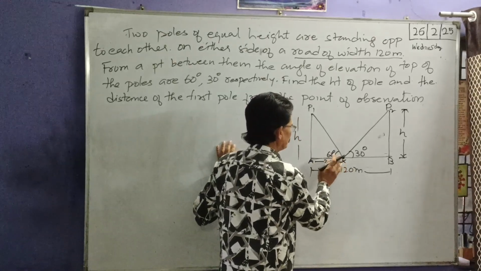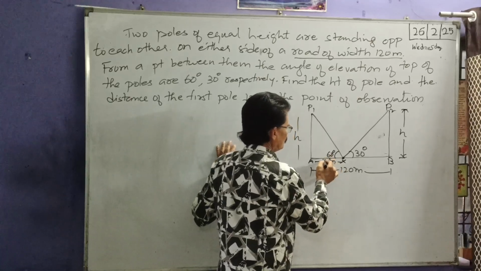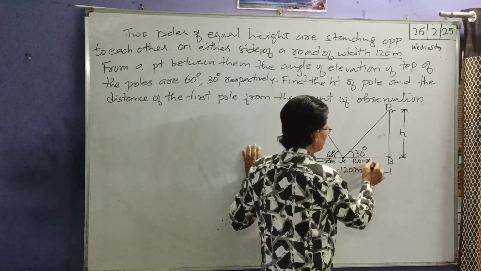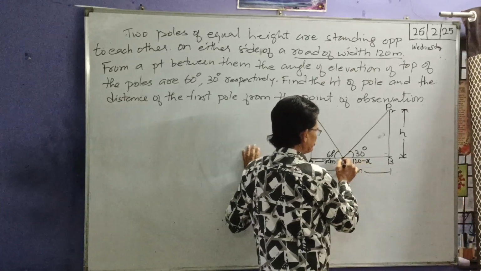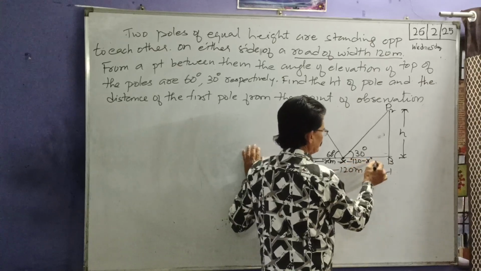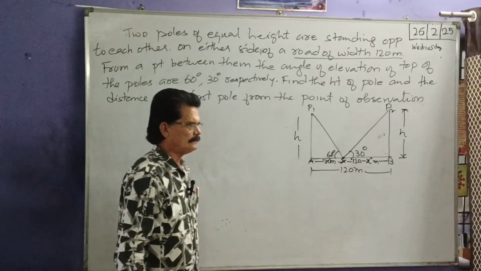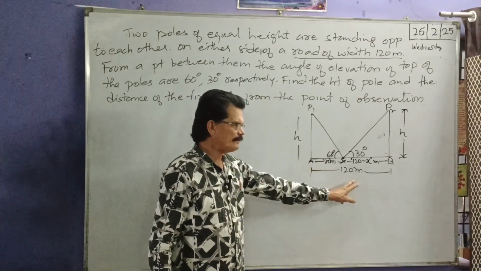How much is DX? It would be 120 minus x. If this is x, total is 120.